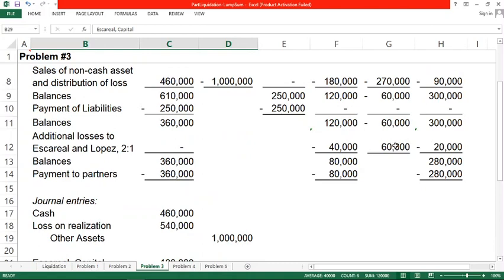So si Acosta, meron siyang negative balance. So kung negative ang capital, is it on the debit side or the credit side? Debit side. Because credit side is the normal balance. So, pag naka-normal balance, positive yan. Pero dahil naka-negative balance na siya, basically naka-debit na yon.